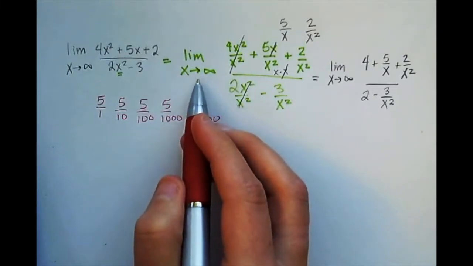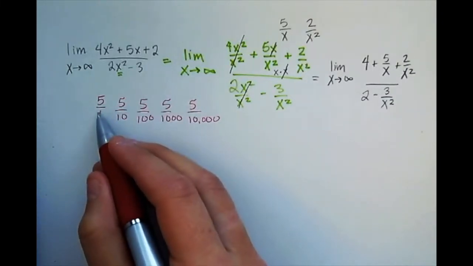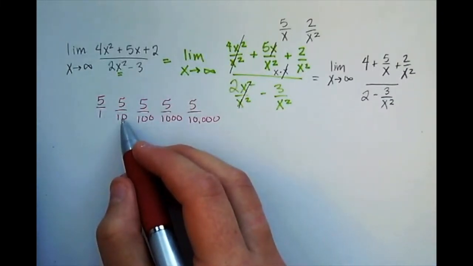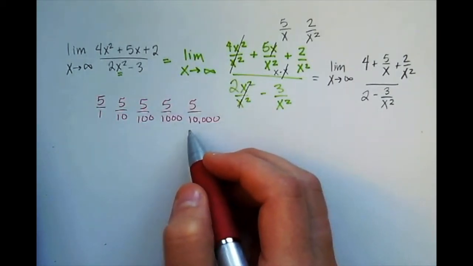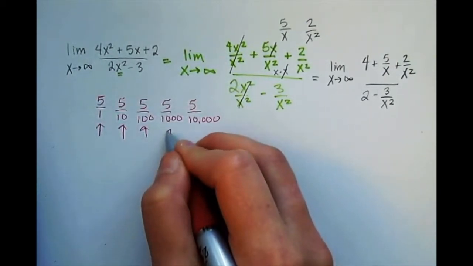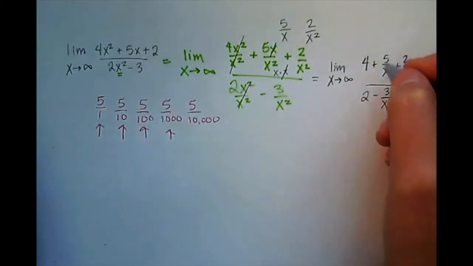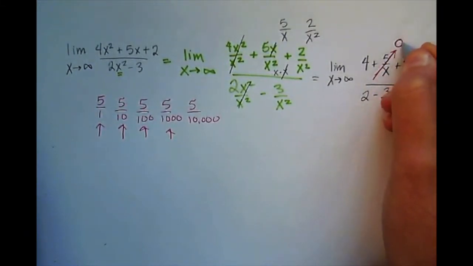It's tending towards infinity, right? But we have 5 here, we have 5 tenths here, which is about 1/2. We have 5 over 100, 5 over 1,000, 5 over 10,000. That means these fractions are getting smaller and smaller and smaller. So we can say that this entire 5 over x is going towards 0.